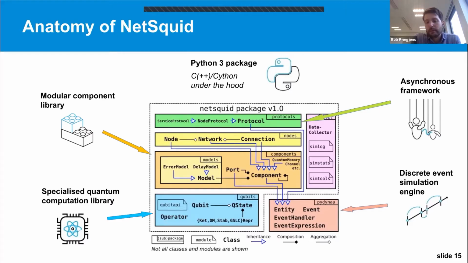But the main points are it has a simulation engine, which is actually a separate package that does discrete event simulation. I'll also say a bit more about that in the next slide. And also at its foundation, it has a specialized quantum computing library. And on top of that are packages that take care of the modeling, both of the physical hardware and of the classical behavior, which we describe by objects called protocols.